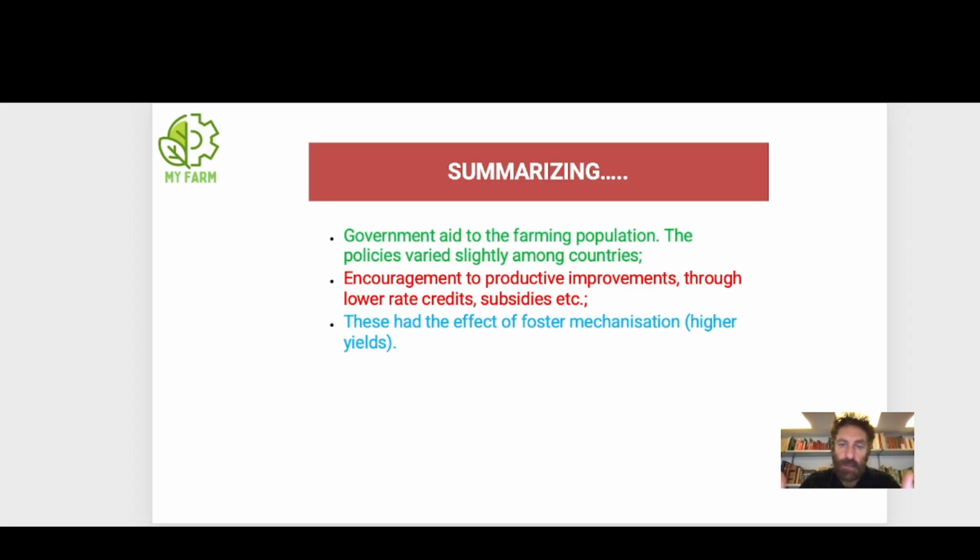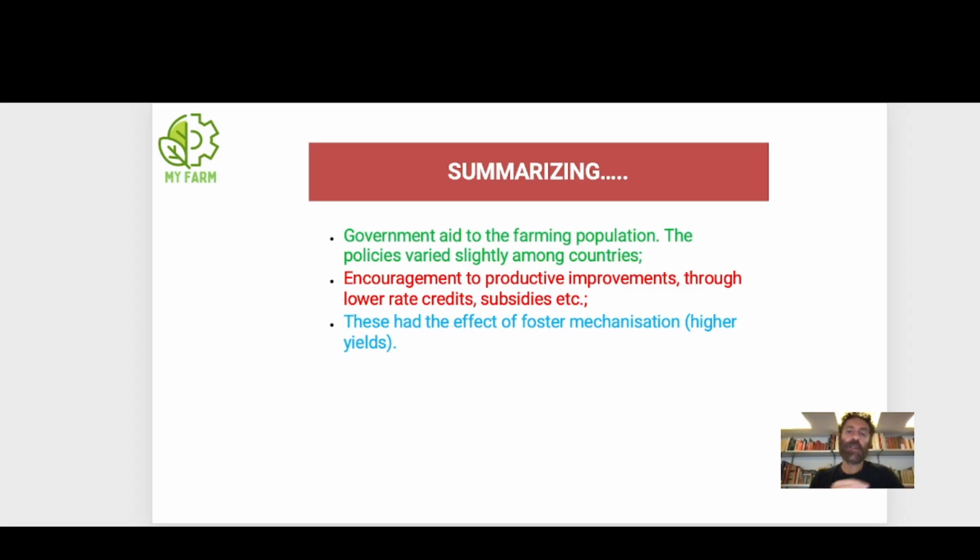So the fact that the common agricultural policy strongly supported the dairy sector would have a very different impact among European countries. But the basic point was that the common agricultural policy focused a lot on productive improvement, because of the coupled support and so on.